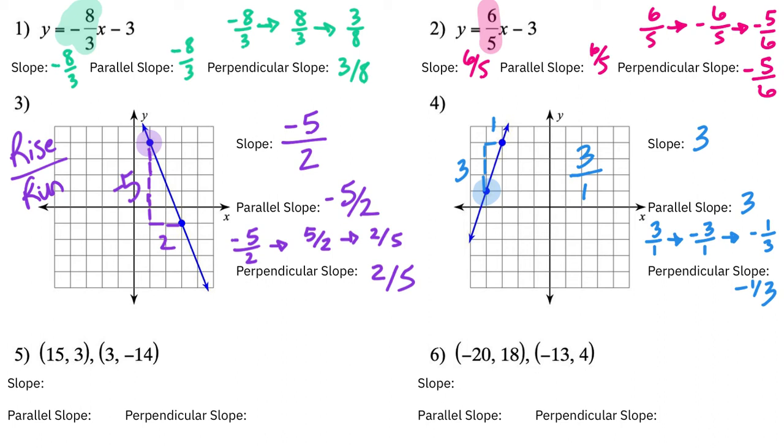On these last two problems, I need to go ahead and use my slope formula. So remember that's going to be y2 minus y1 over x2 minus x1. So I'm going to label this x1, y1, x2, y2. And then I'm going to use my parentheses and then plug in my numbers.